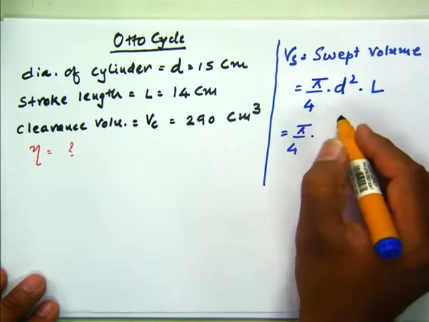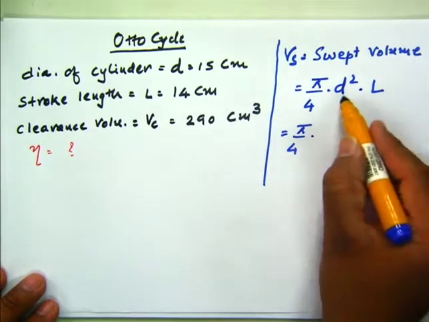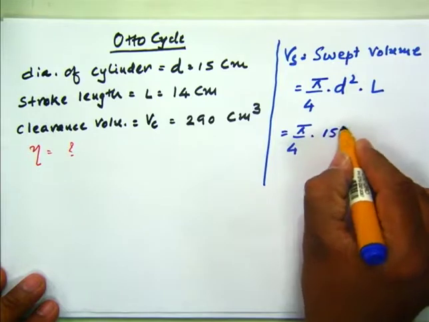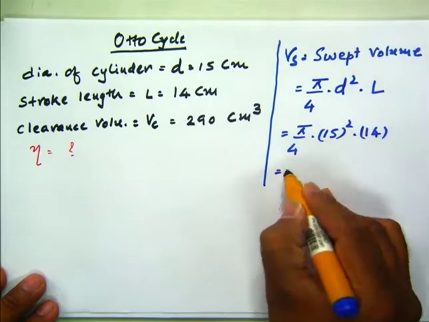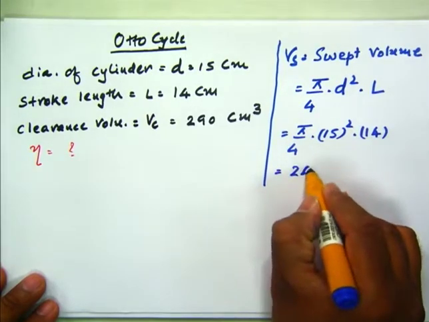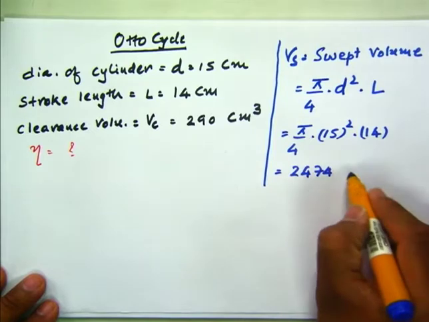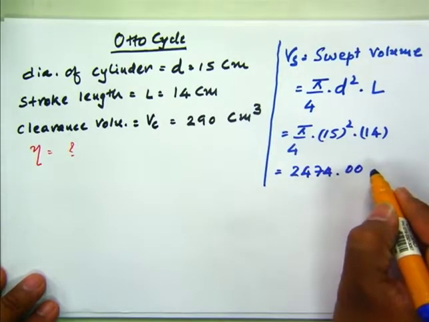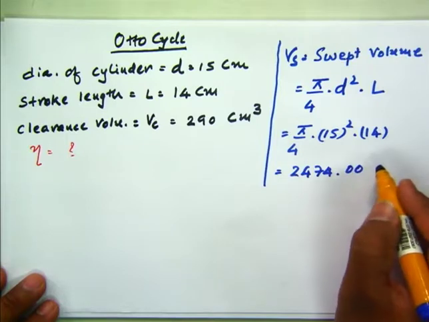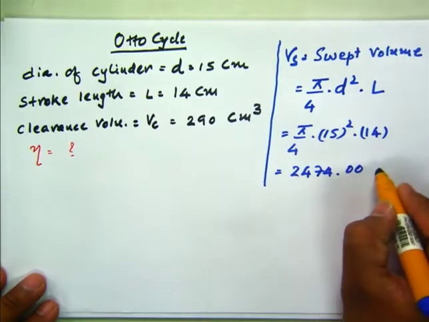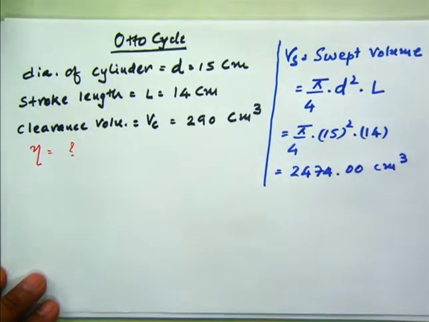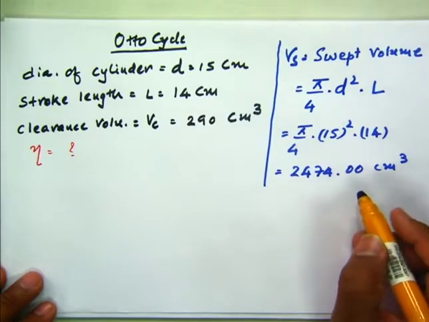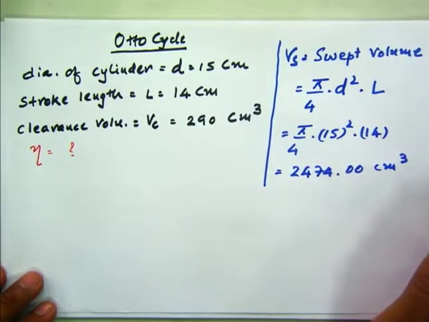Pi by 4 d square is already with you, 15 square into L 14, you will get 2474.00 centimeter cube volume.